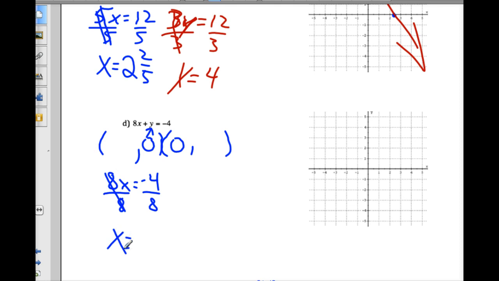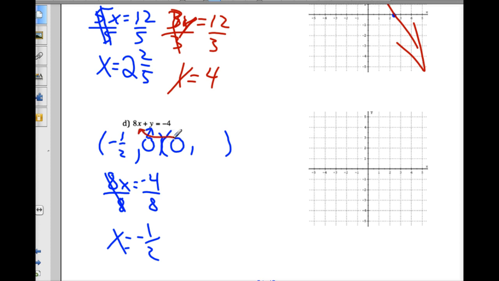What'd you get for the x-intercept? Negative 1/2. Very good, Kate. Guys, what's the knucklehead kid say the answer to that is? Negative 2. They see an 8 and a 4 and they're like, I don't want to deal with fractions, so I'm going to reverse it. No, it's negative 1/2. Okay.